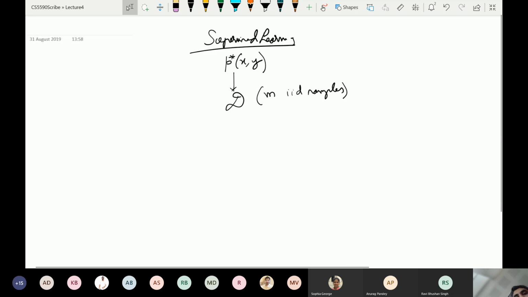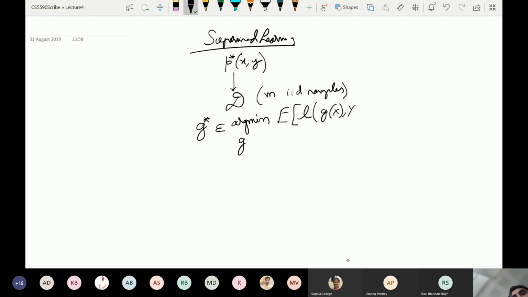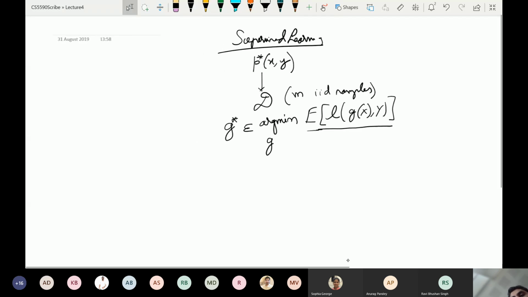And then your objective in supervised learning is to find the Bayes optimal function, which is defined as the minimizer of the true risk. This is what we called the true risk.